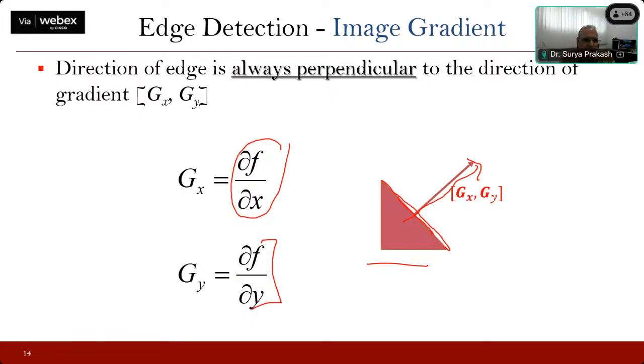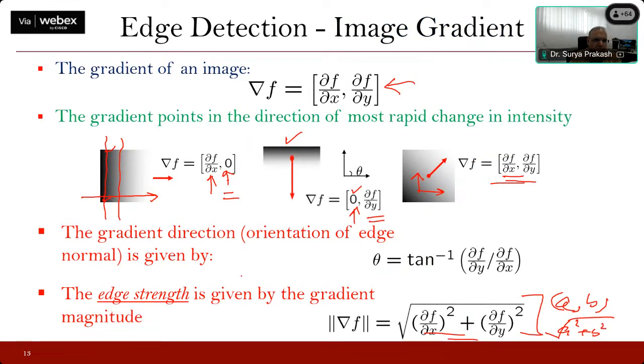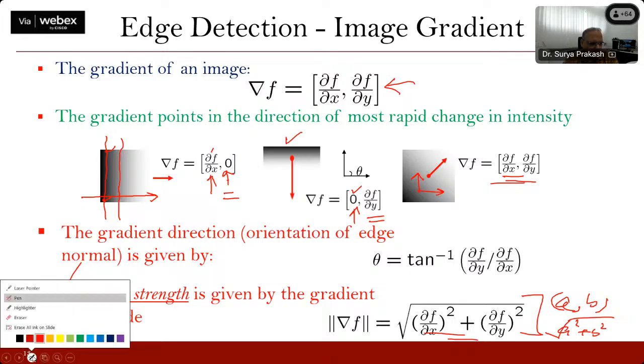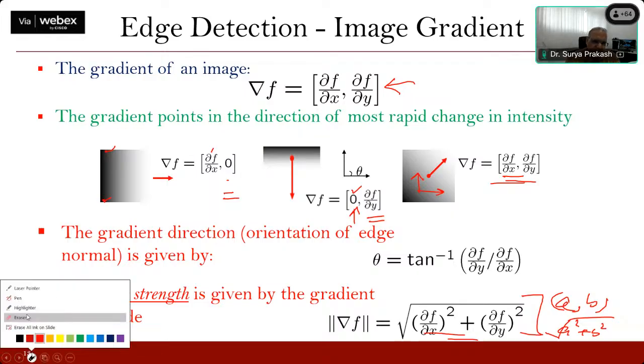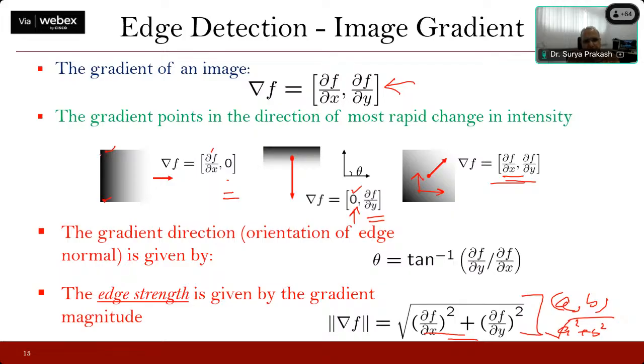If I go back here, let's say in the first and second images, in the first image you have this value 0, because in the direction of y there is no change, right?